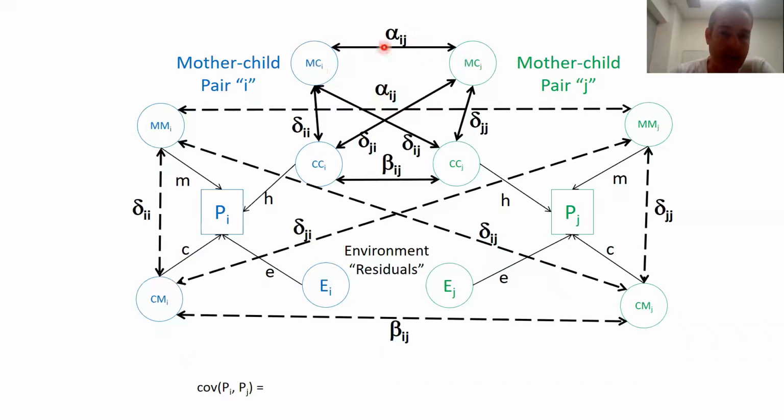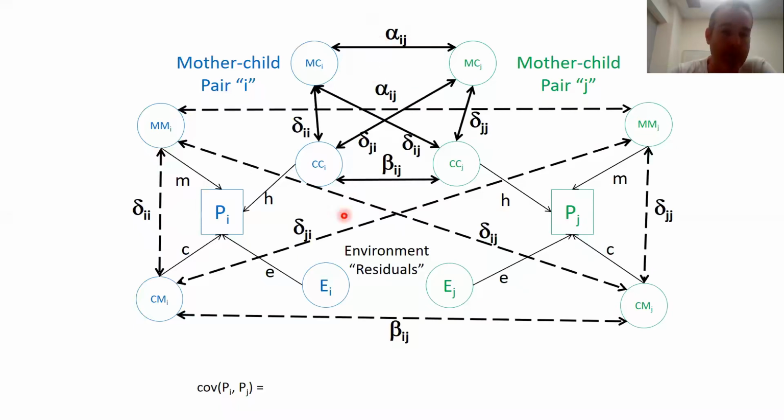So you can see alpha between the maternal latent factors here and between here. So they're called alpha IJ because they link the similarity between the mum in pair I and the mum in pair J. And they're all called alpha because we're going to put them in a big matrix called A.